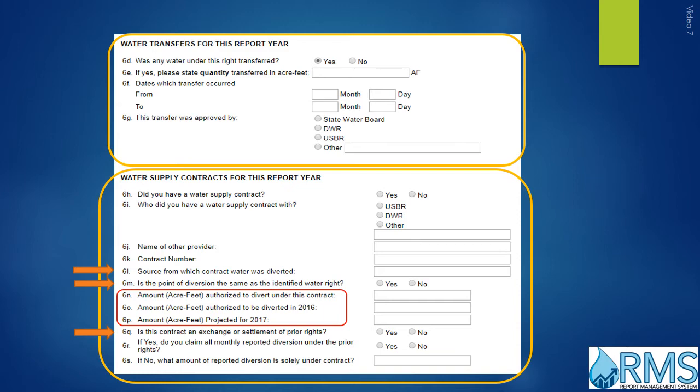If so, is the user claiming all monthly reported diversion under the prior water rights? And if not, what is the amount diverted solely under contract? For further questions regarding water transfers or contracts, please contact the Division of Water Rights.